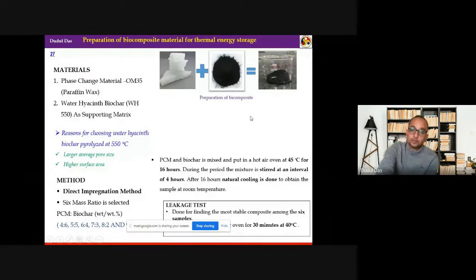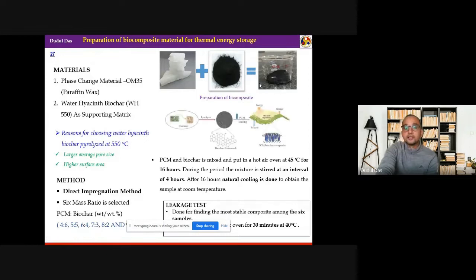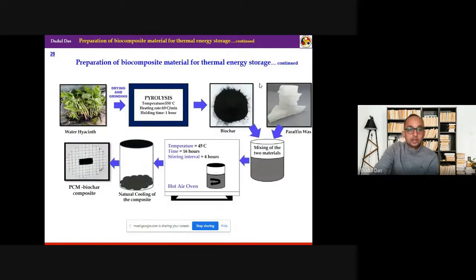Then we come up with a composite, which is a mixture of biochar as well as PCM, and we analyze its leakage. This is how we come up with the biocomposite material.